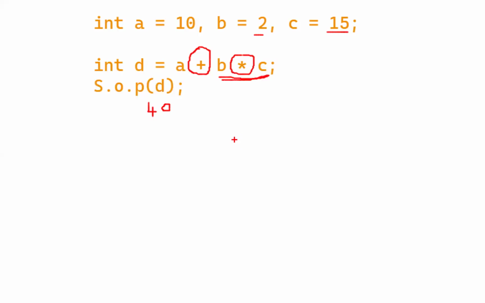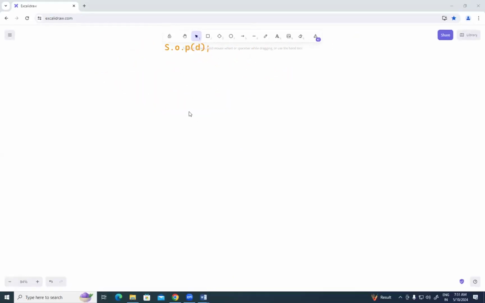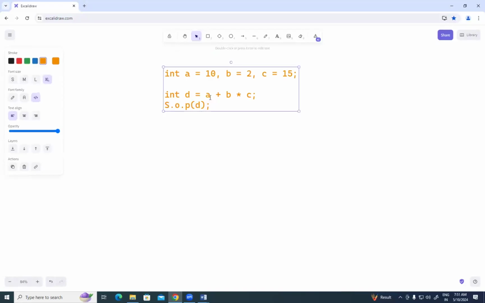For example, if I'm asking you, folks, please tell me, my expression is something like this: A divided by B into C. Could you tell me what's the output of this? Online folks.